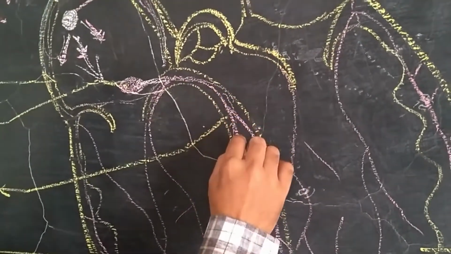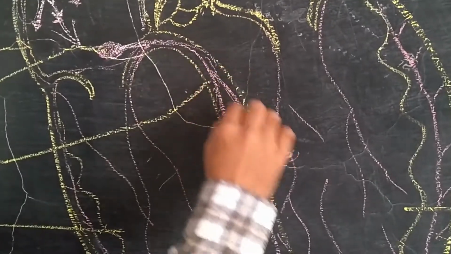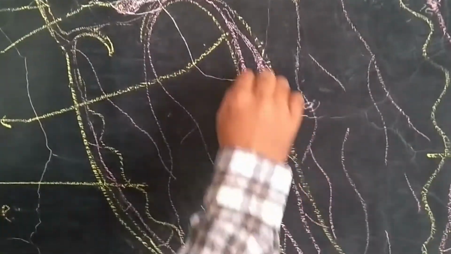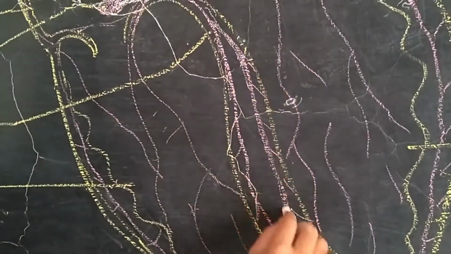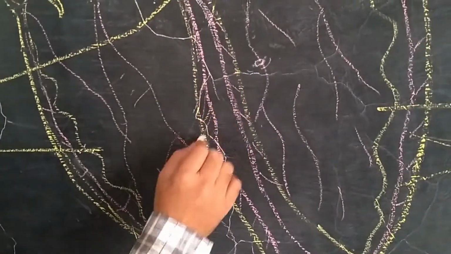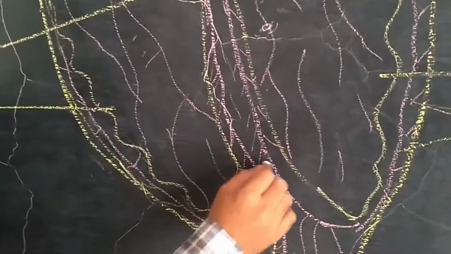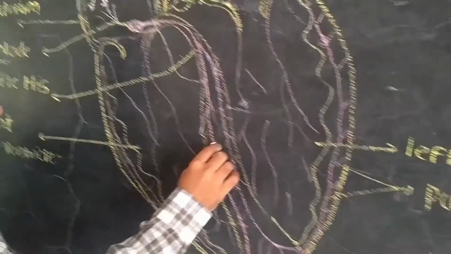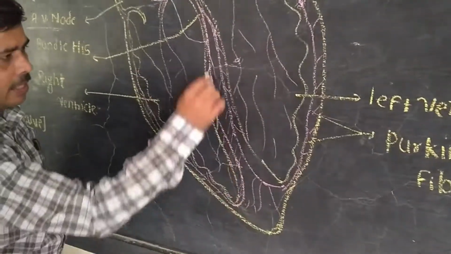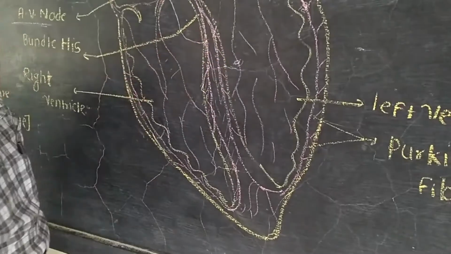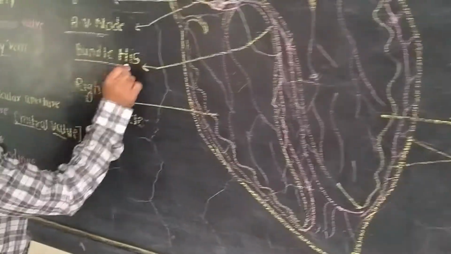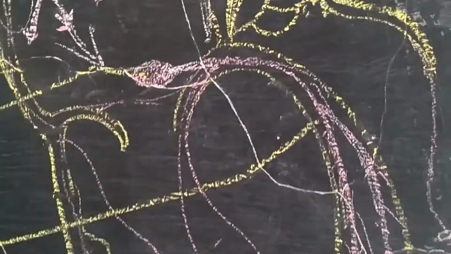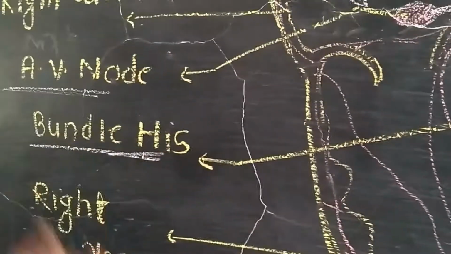These specialized fibers run through the interventricular septum, and then bifurcate again into many branches and spread to the wall of the ventricles. These two branches, which the AV node divides into, are known as the bundle of His.